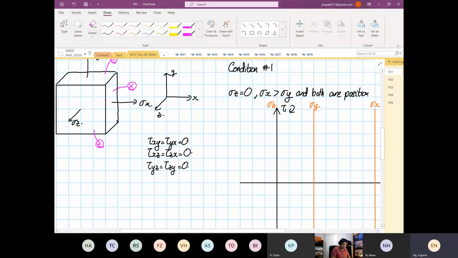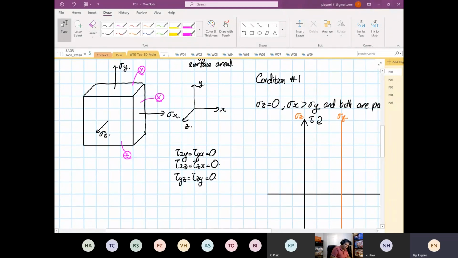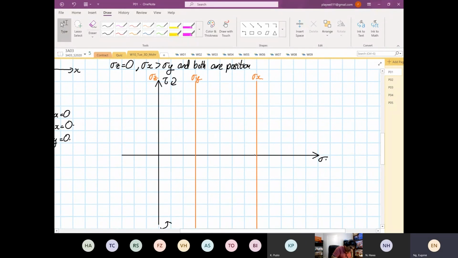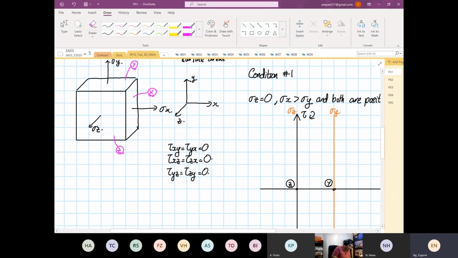Then from here, we know that at this point, this is our stress x, point x, right? And this is our point y, and this is our point z. Okay, so we know based on the element that our xy plane, right?